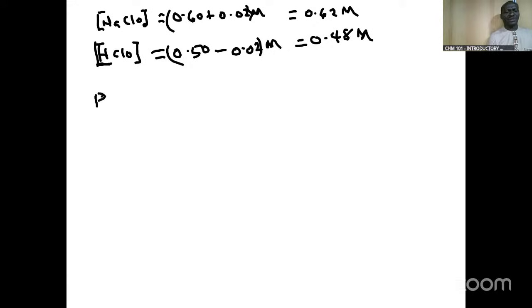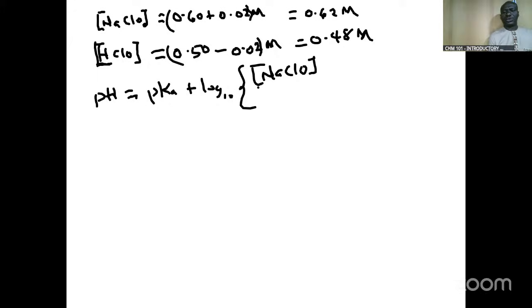The pH now becomes pKa plus log to base 10 of the ratio of NaClO, which is the salt, over HClO, which is the acid.